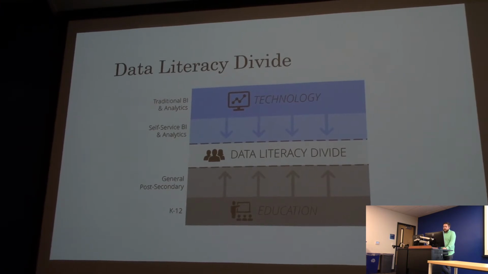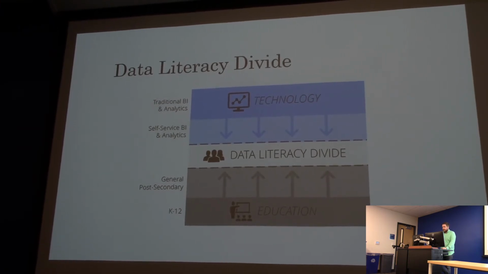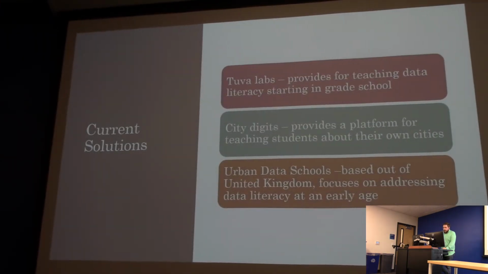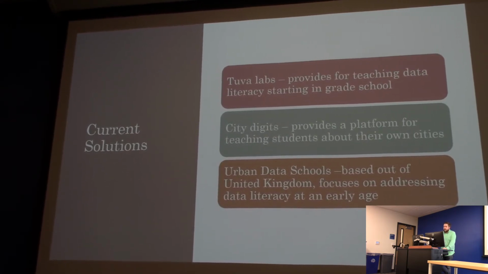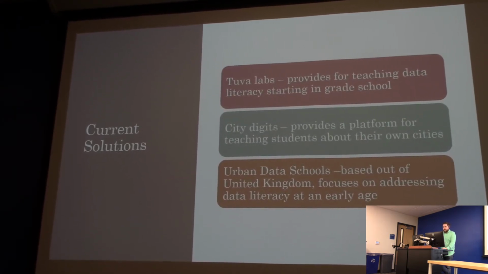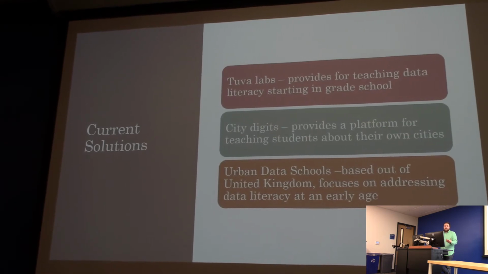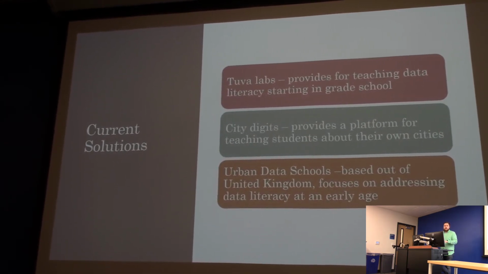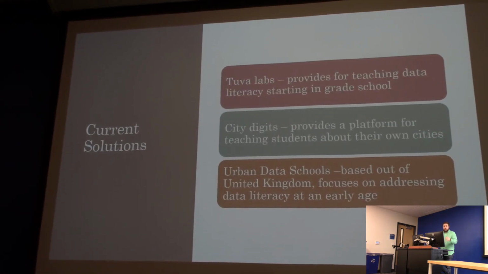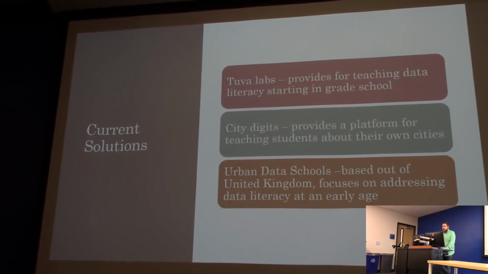So what is currently being done about this? The current solutions that I found when doing research for this talk: Talia Labs, which provides teaching literacy starting in grade school, really just providing a foundation so you're not just hit with it out of nowhere someday.